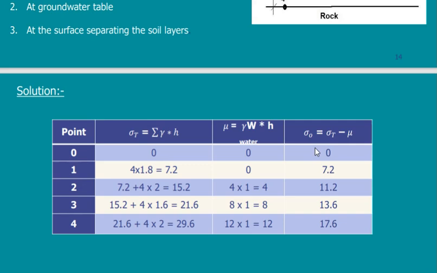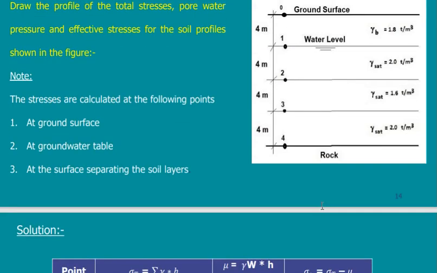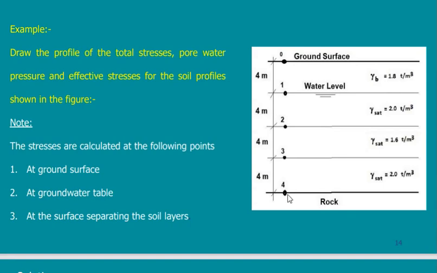Can I calculate this in one step instead of doing all of these tables? Can you calculate the effective stress at point 4 directly without doing all of these? You can do it. How? Like when you calculated the total stress, you multiplied the distance by the bulk, and here the distance by the saturated.